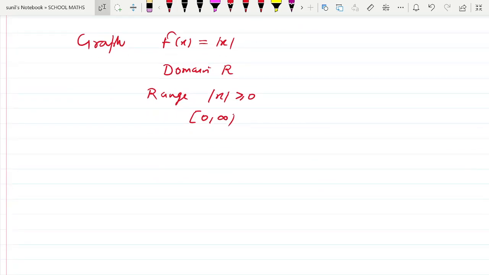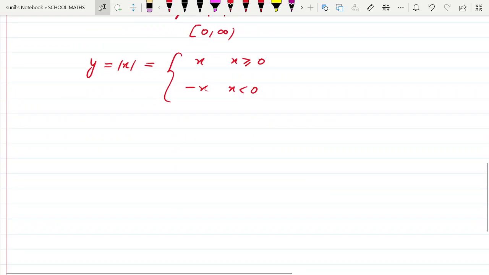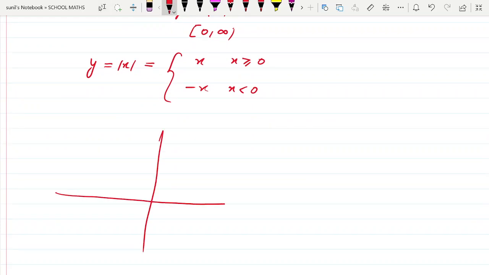Now I want to draw the graph of y equals mod x. We have already done that it is x when x is greater than or equal to 0, and minus x when x is less than 0. Now how to draw these lines? This is the line y equals x.